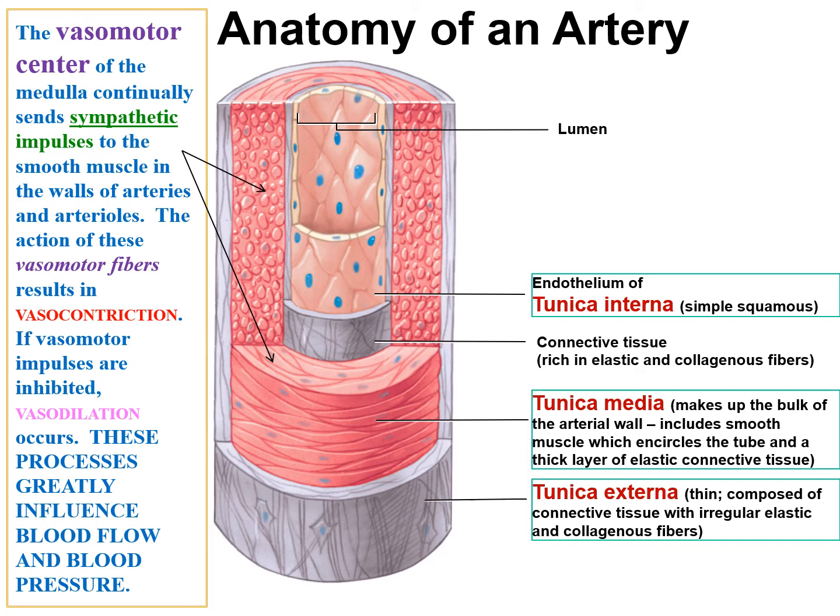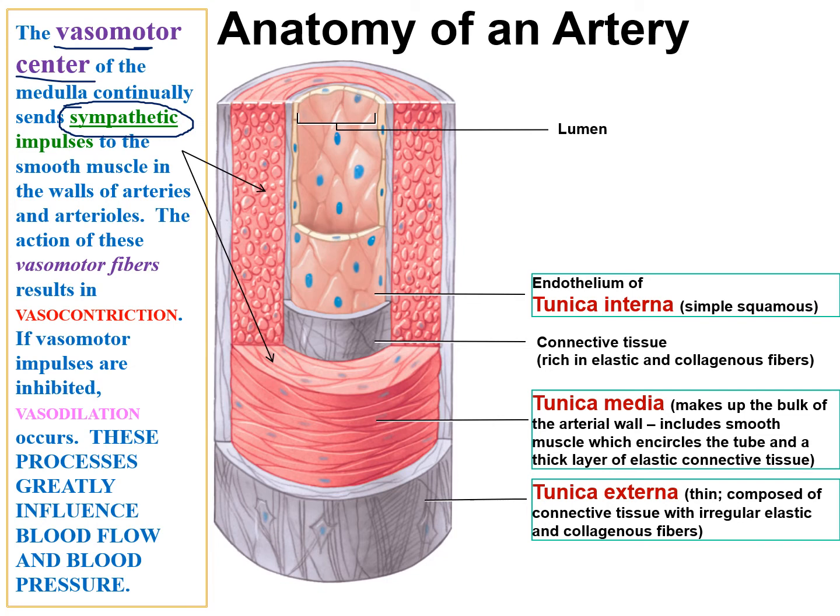But when it gets stimulated, it's going to send sympathetic impulses. Remember, when these are sent to the heart, they speed the heart up. Well, when we send sympathetic impulses to the smooth muscle, and that's what the vasomotor center does, it's impacting smooth muscle, it does not affect the heart.